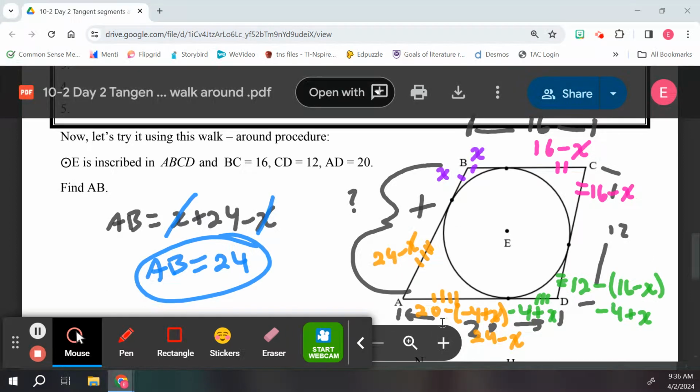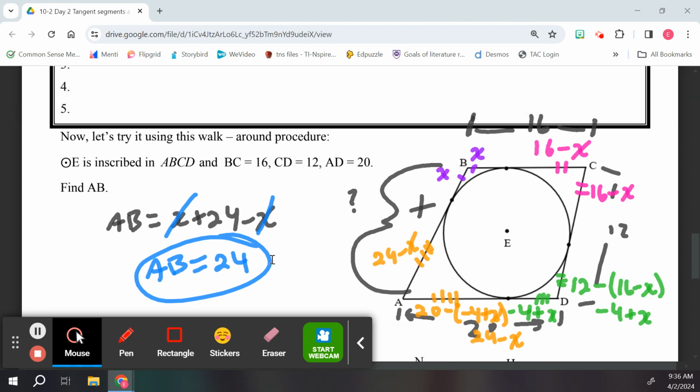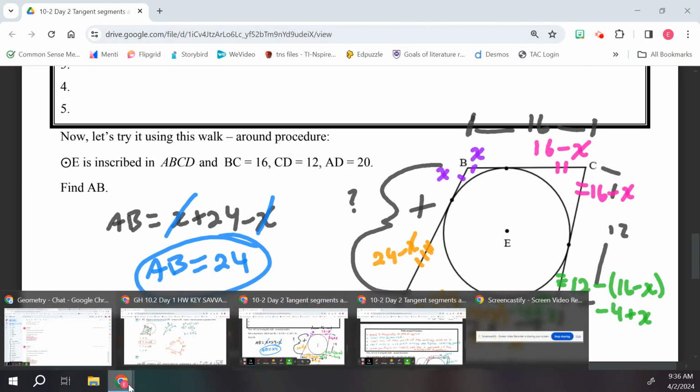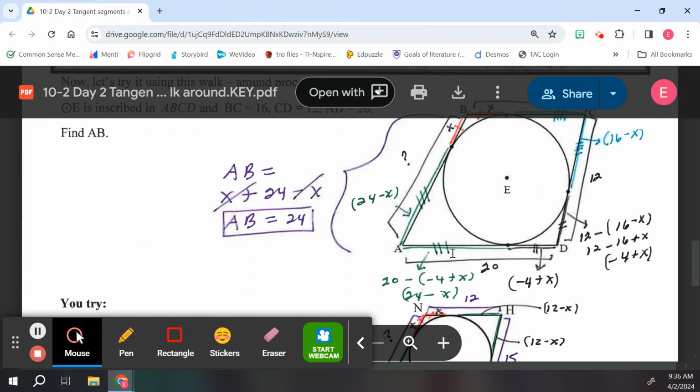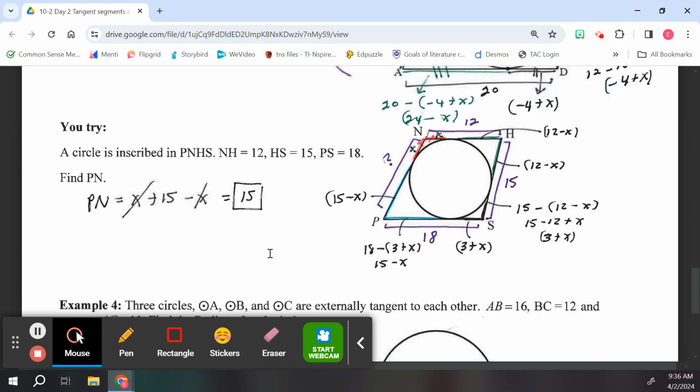All right, any questions on this? Anybody still working on that one problem? Ready to look at it? Okay, so here's the try. You should have gotten 15.